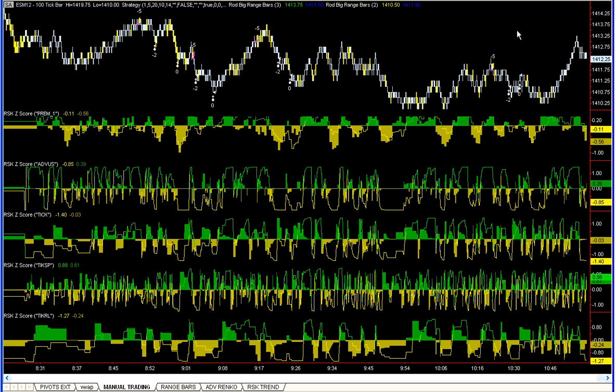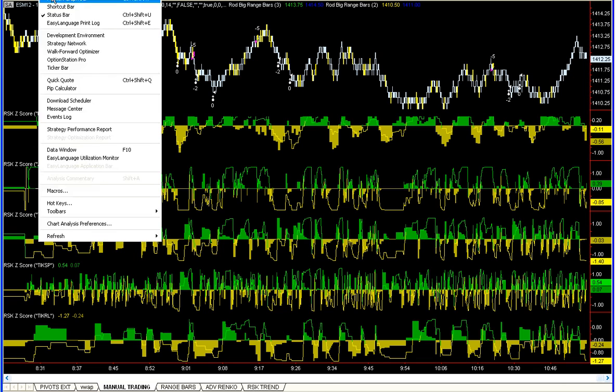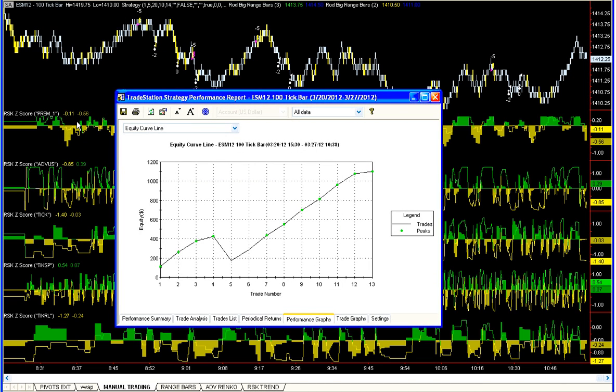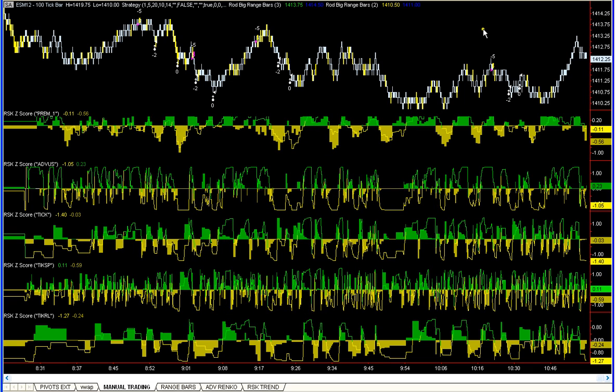This particular chart normally would have our strategy on it. Now, if you don't have the strategy, that's fine. We're not here to talk about the strategy, although today it just so happens that the strategy is doing very well. But that's not the purpose of our discussion here. For Z-score to show up, the send charts have to be open.